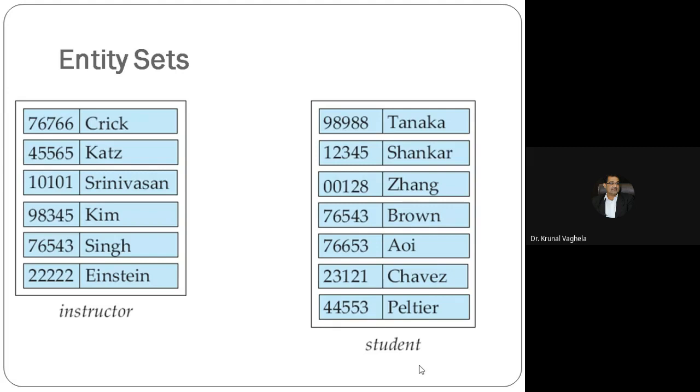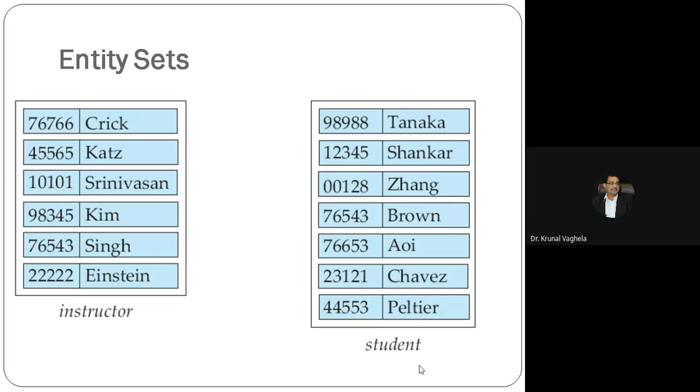IDs, and what is the second column? Names, exactly. Instructor ID, the first column, is nothing but an attribute. A row is nothing but an entity. So the instructor entity set has two attributes, one is ID and the second one is name.